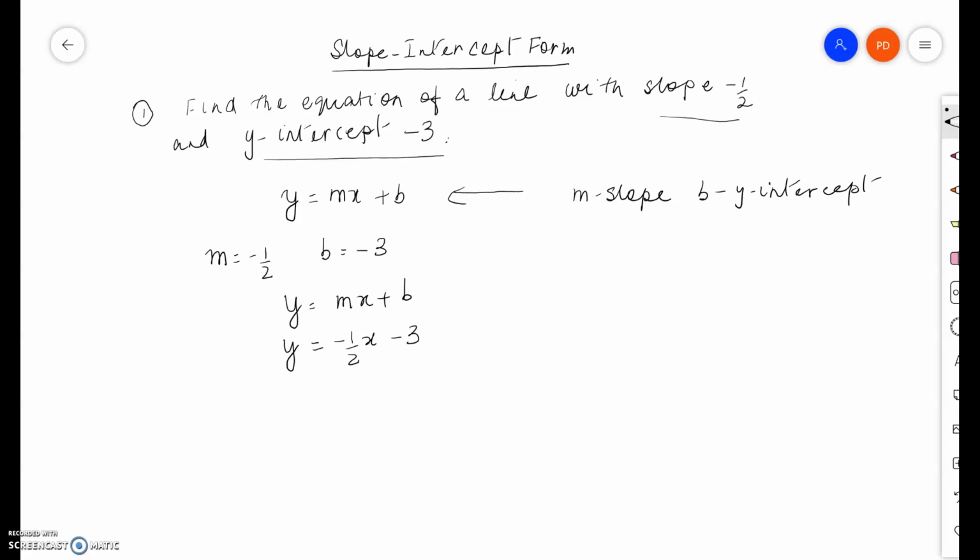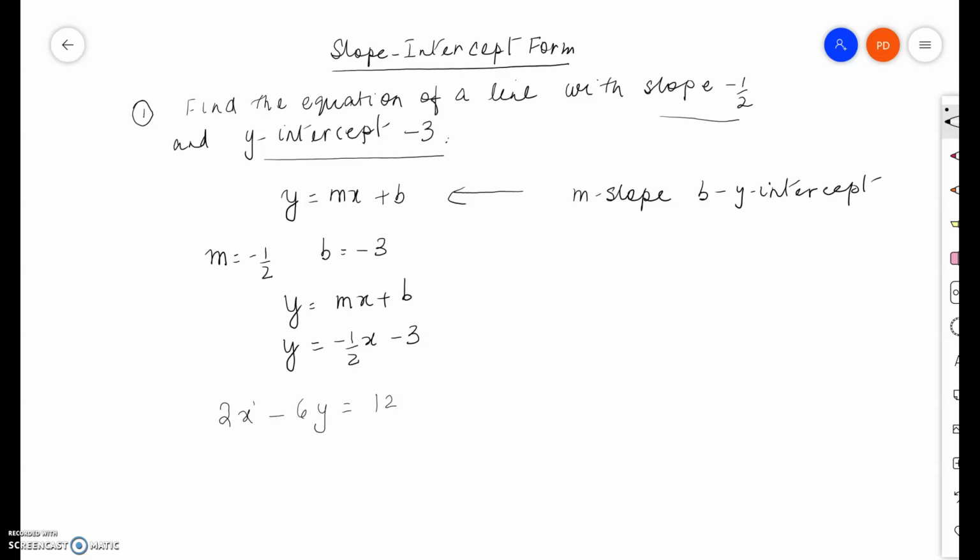equal to -3. Now, suppose we're given the equation of a line, for example, let's say 2x minus 6y equals 12. Given the equation of a line, how do we recognize it?